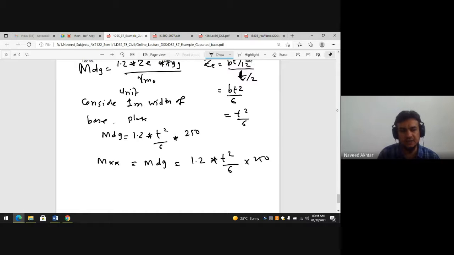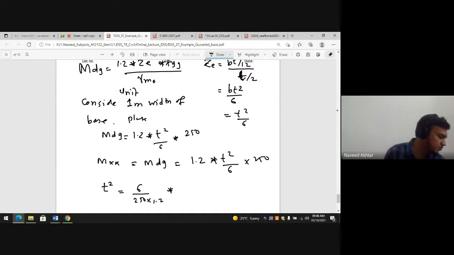Okay, and Mxx you have already calculated. If I write in terms of T square, T square is equal to 6 by 250 into 1.2 into the moment you have calculated. What moment have you calculated?